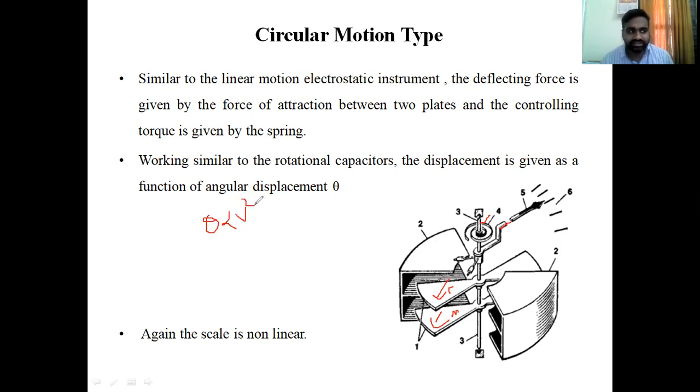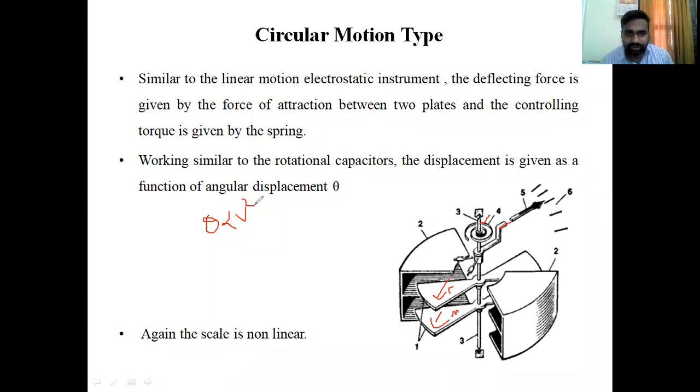So whenever there is a small change in voltage, there is only a minute change in deflection angle theta. There is no direct relation, and that makes the scale behavior non-linear. I hope it's clear.